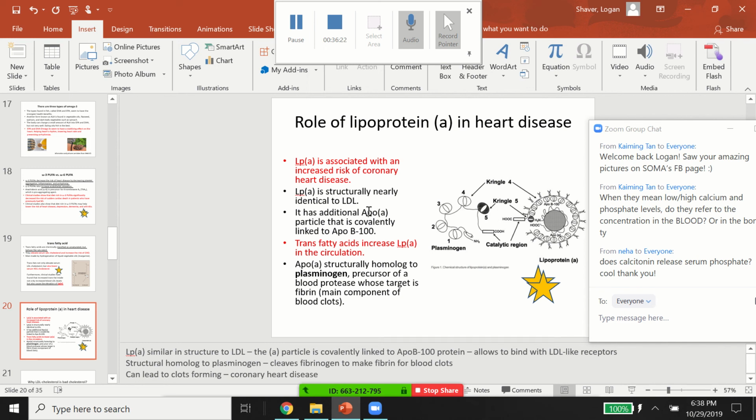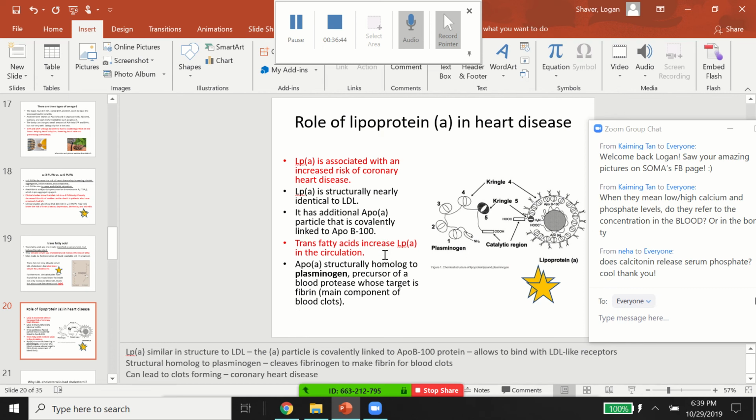So that's something to keep in mind. And that's covalently attached to ApoB100. That's not the important part. It's important that LPA is associated with that increased risk, is really close to LDL in structure, and has that additional ApoA particle, because that's the source of why it's bad. So definitely important to know ApoA with LPA.